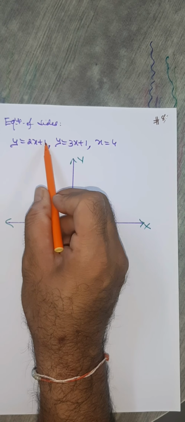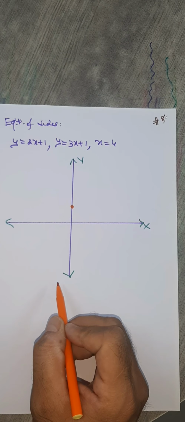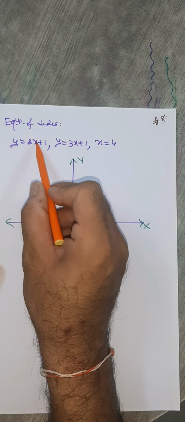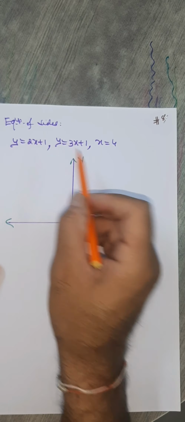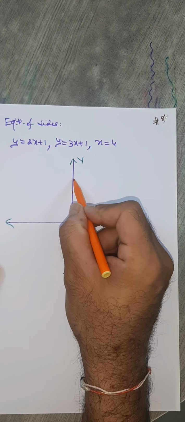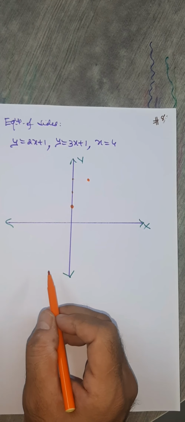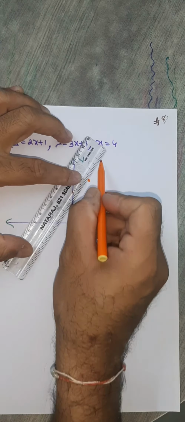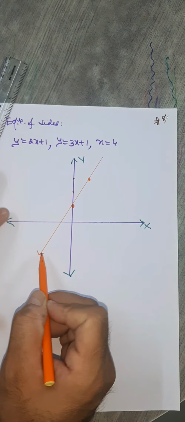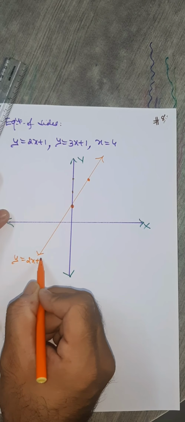If x is 0, then y is 1. So suppose 0, 1 here. And if x is 1, then 3. So 1, then 1, 2, here 2 and 3. So this point. So first line is this. This is the first straight line. Okay. This is y equals to 2x plus 1.